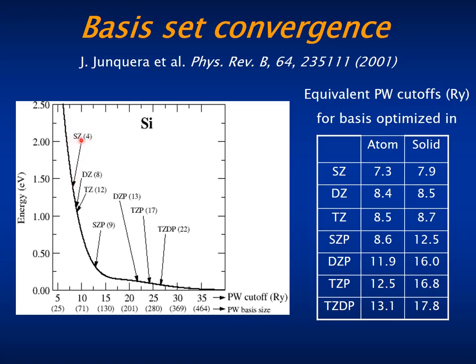So you can see that a single zeta basis with just 4 orbitals per atom is equivalent in energy convergence to a plane wave basis set with about 50 or more orbitals. And a standard double zeta plus polarization basis set of Siesta is equivalent in terms of energy convergence to a plane wave basis of more than 200 orbitals.